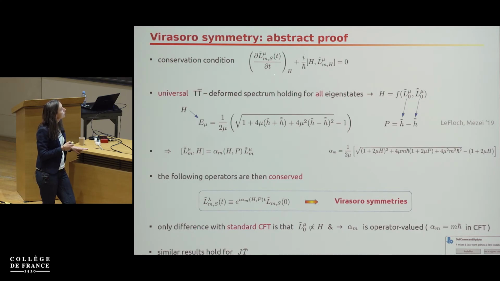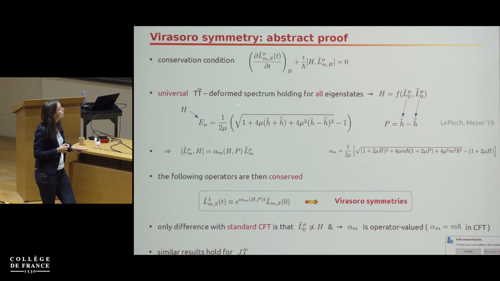In order to show that this equation is true, we need to compute the commutator of the deformed Hamiltonian with these L tildes. The point is that this H turns out to be just a function of L0 tilde and its bar counterpart. How do I know that? That fact follows from the universal formula for the TT bar deformed spectrum.